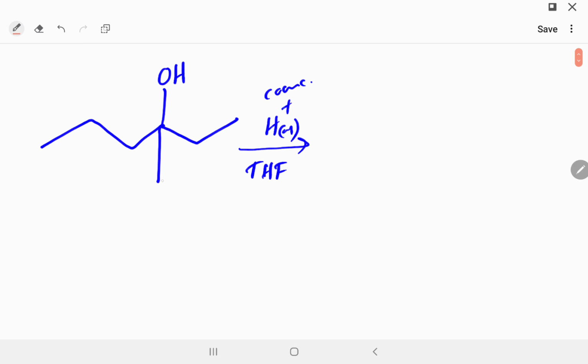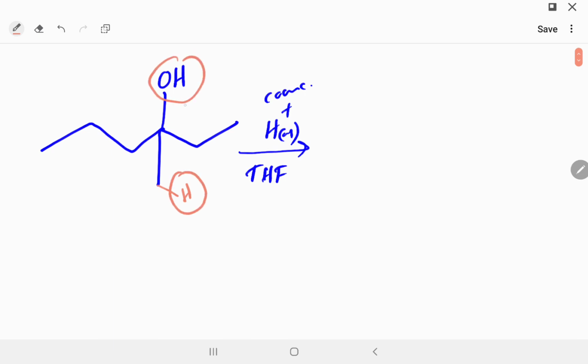But let's say you are using this hydrogen. This is also a neighbor hydrogen for this OH. If that is the case, then you will get a double bond like this. So this is also a possible product, but it is highly rare.